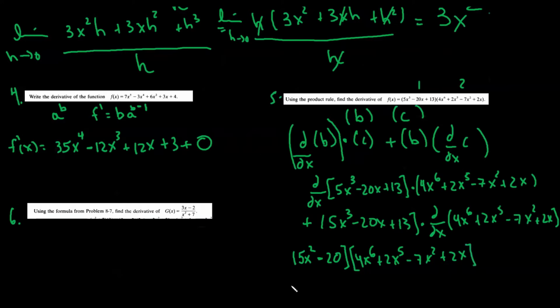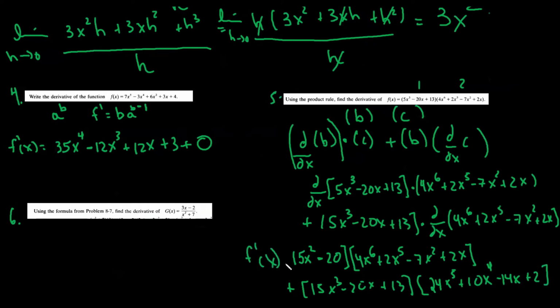And then you add the next term, which is 15x^3 minus 20x plus 13. And you take the derivative of the second here, so 24x^5, and then you subtract 1 from the exponent, plus 10x^4 minus 14x plus 2. So that's our derivative here. It's f prime of x is equal to that.